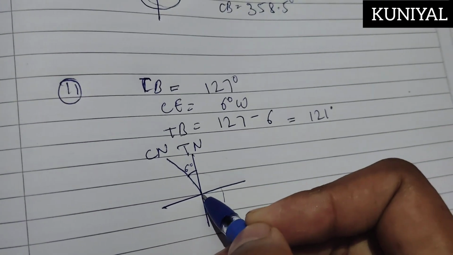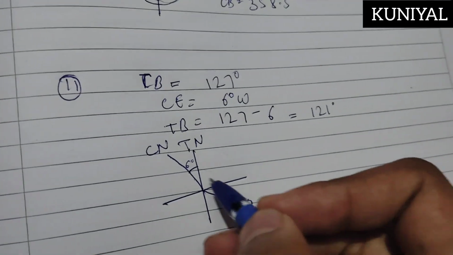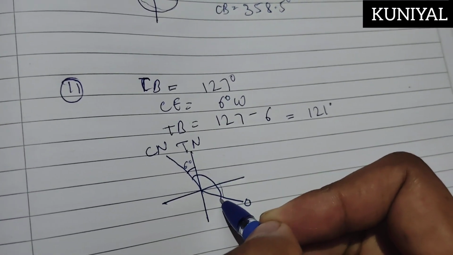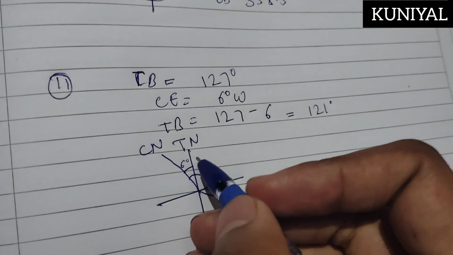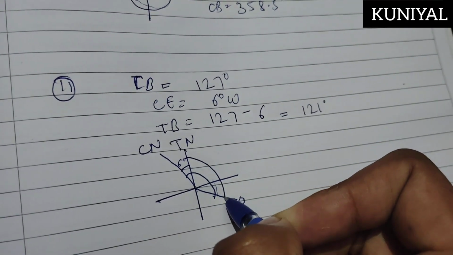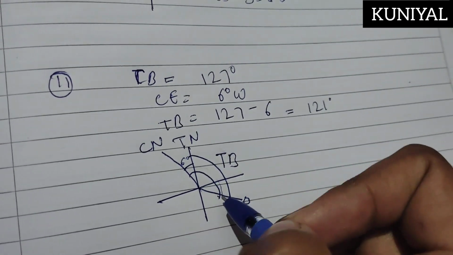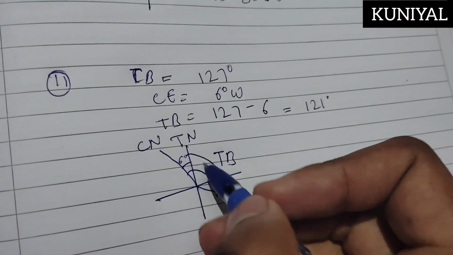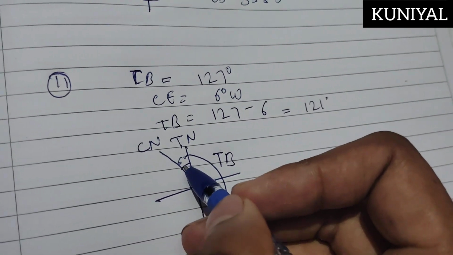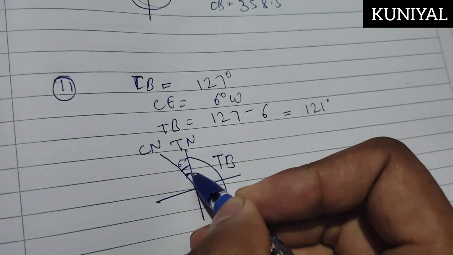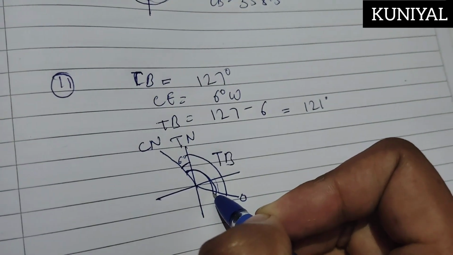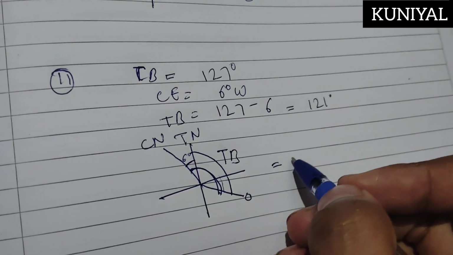Here is the object, this whole is 127 degrees, and we have to find this angle, which is the true bearing. How will we get this? We will get this by subtracting 6 degrees from this whole, which is 127. So true bearing will be 121 degrees.